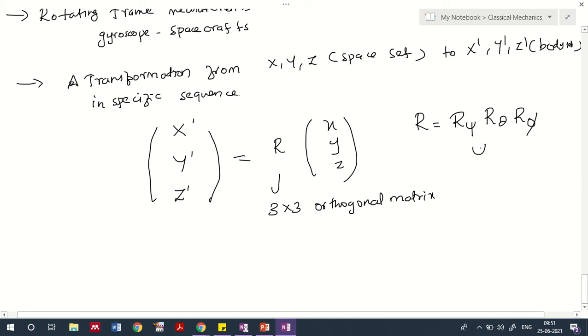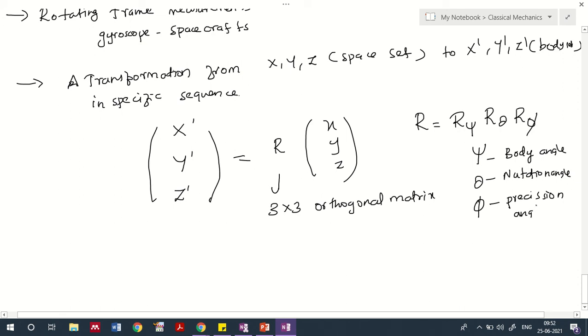These are the three angles we have: phi, theta, then psi. We call this the body angle, then we have the nutation angle, and phi represents the precession angle. We'll get into detail about precession, nutation and body angle.